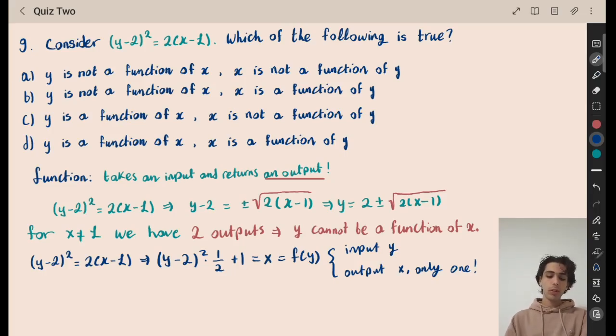So whenever you want to find out that y is a function of x, then solve for the respective variable. In this case, it will be y. As I said, y is a function of x. And then you will figure out if you have something like this, then it's probably not good.